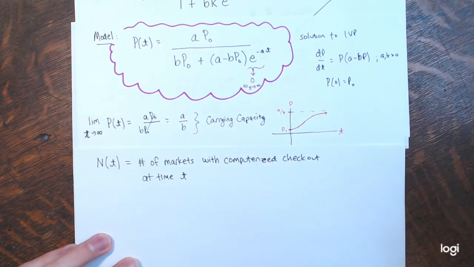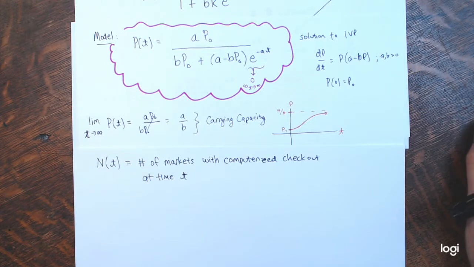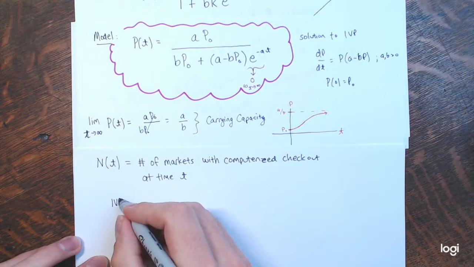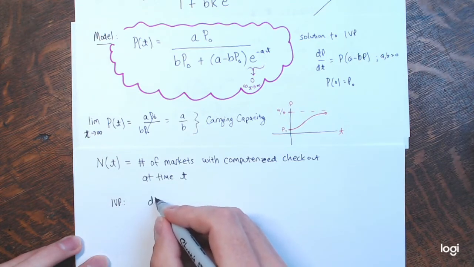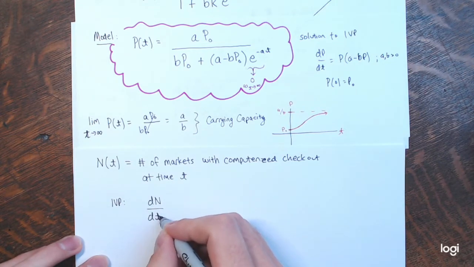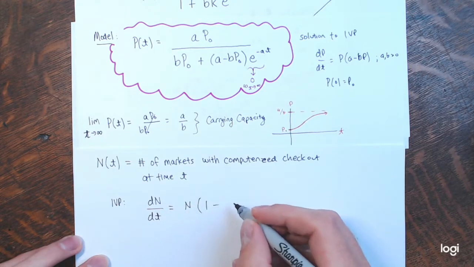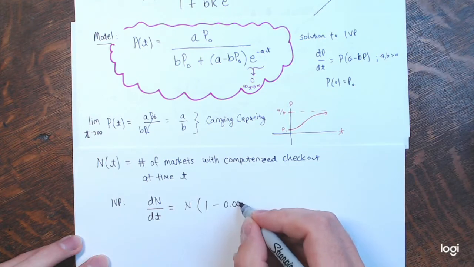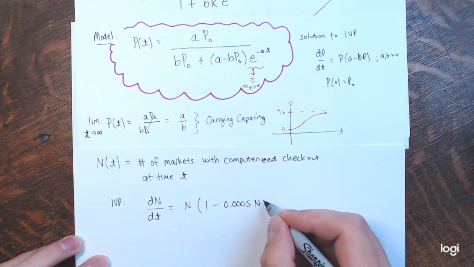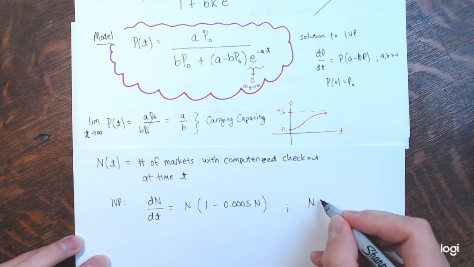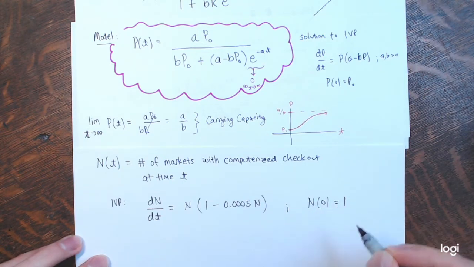I'm pretty sure t will be in years, but we'll get to that in the later parts of the problem. And the IVP we're given is dn dt equals n times 1 minus 0.0005 n, and the initial condition n of 0 equals 1.